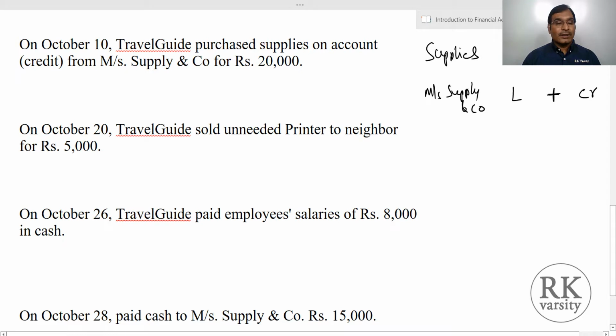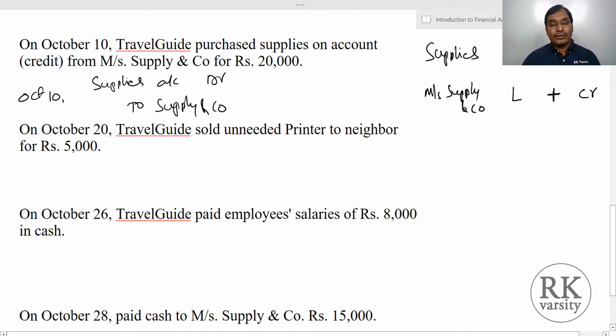So the journal entry will be, on October 10th, supplies account debtor to Supply and Co. That means we have to pay this amount to Supply and Co in future. So the amount is 20,000 and 20,000.